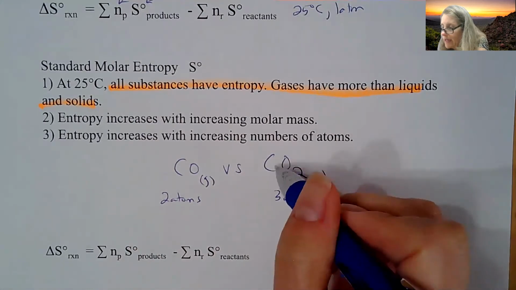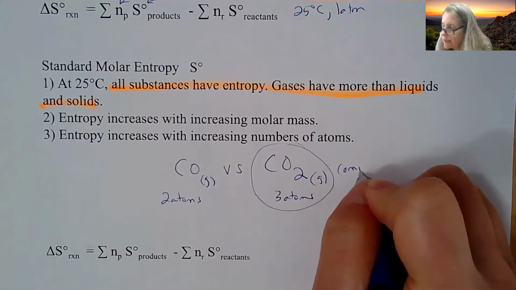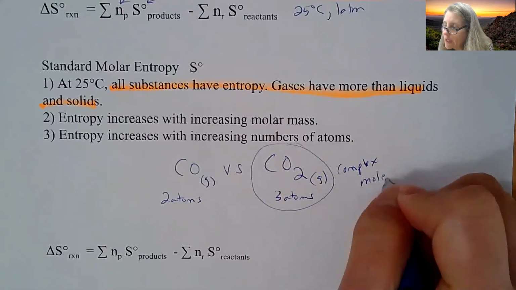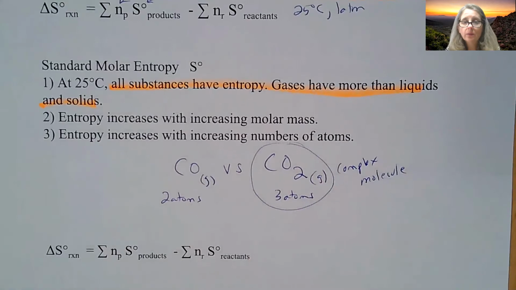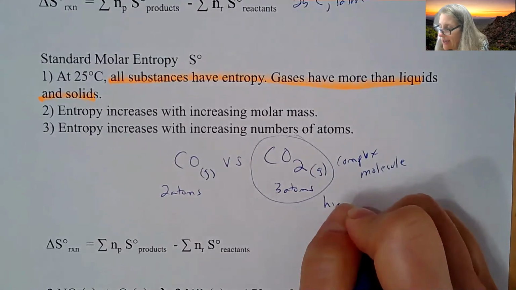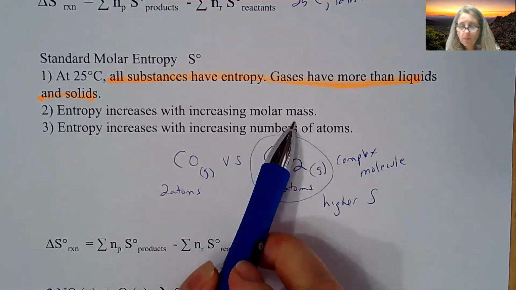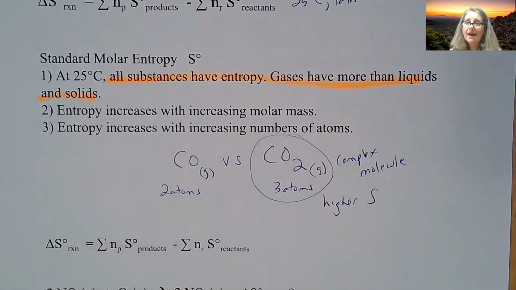So if I have an increase in number of atoms, this is a more complex molecule. If you have a more complex molecule, that's going to have more entropy. You're going to have a higher S in comparison. So sometimes if you have the same number of moles, you have to look at the actual molecule itself, and the more atoms you have, the more complex it's going to be. Same thing goes for molar mass. So again, if you have more mass, you have more chaos that can ensue.